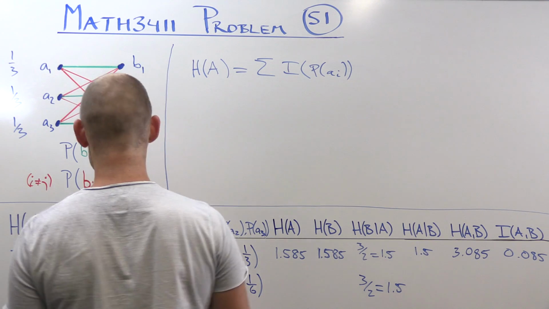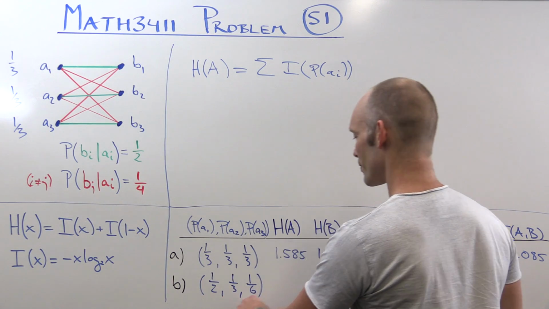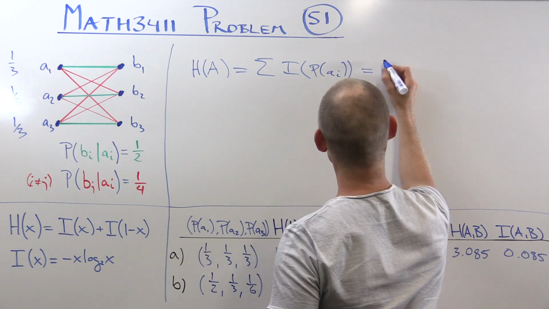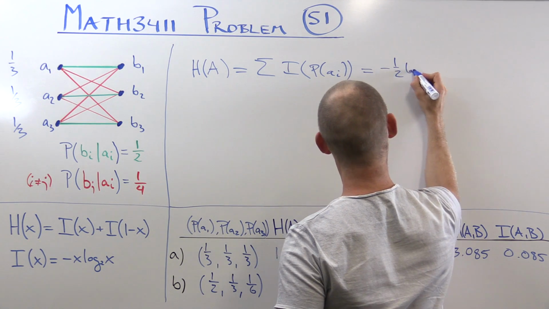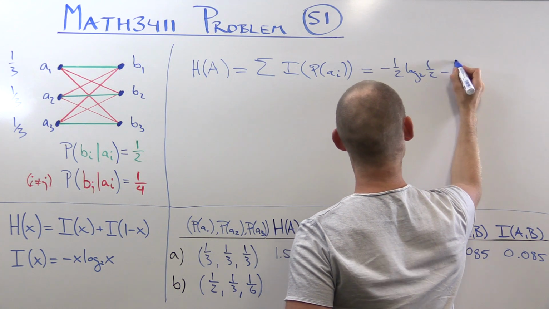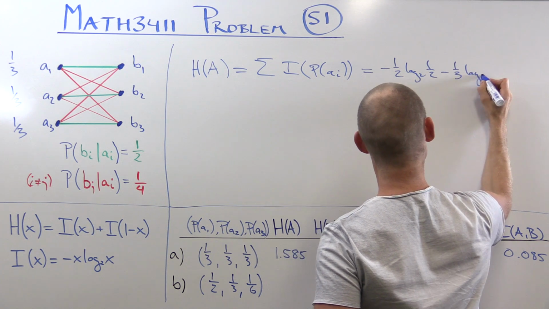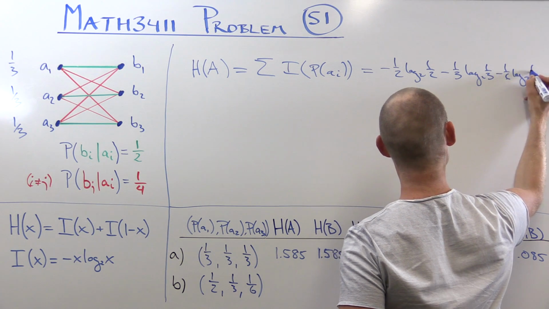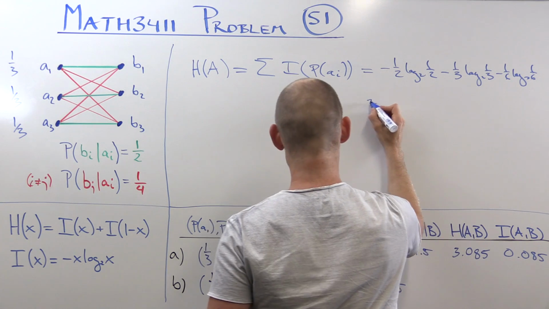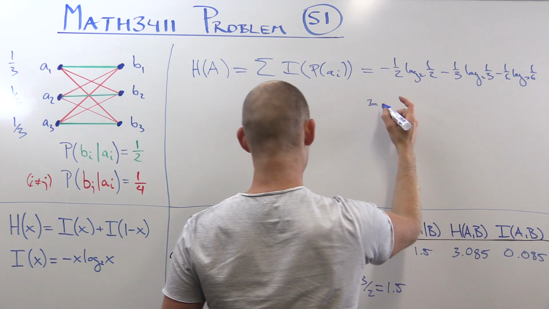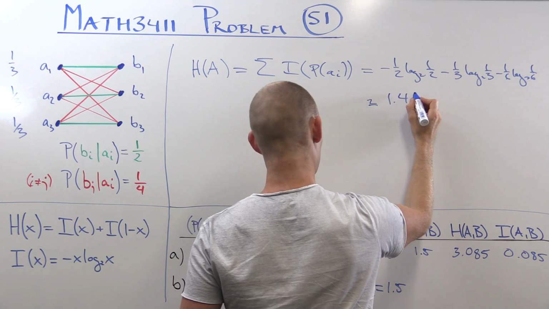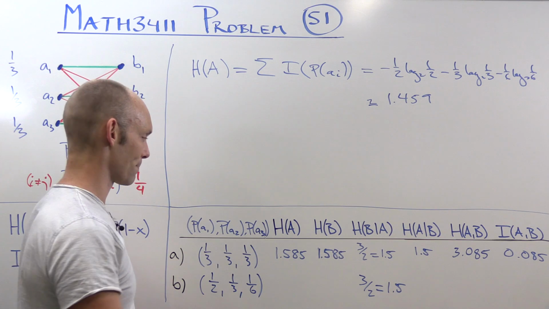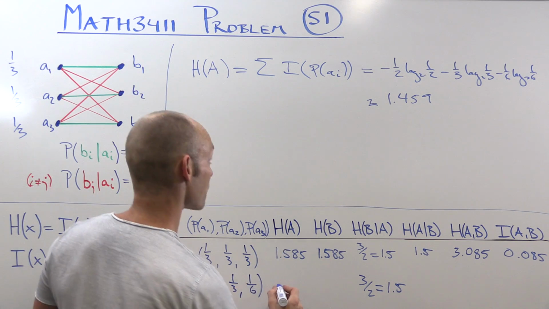So we just plug these values in, a half, a third, a sixth, into this function, and we add them together. In other words, minus a half log 2 of a half, minus a third log 2 of a third, minus a sixth log 2 of a sixth, and that gives us roughly 1.459. So it's a little less than this one here.